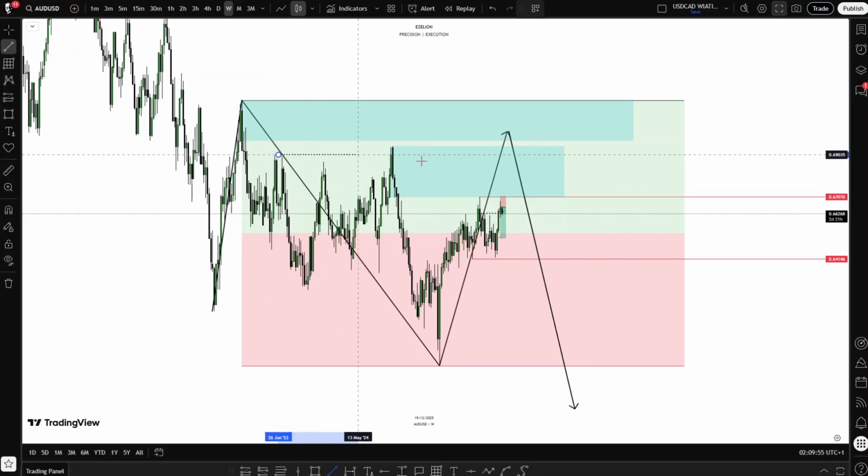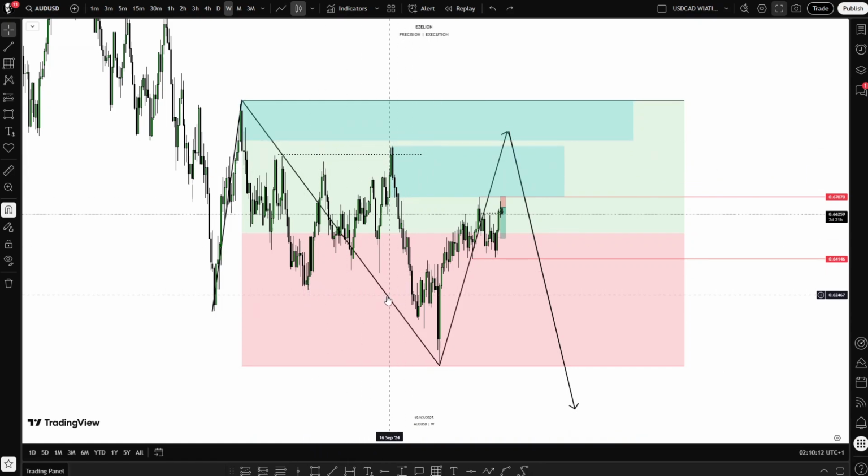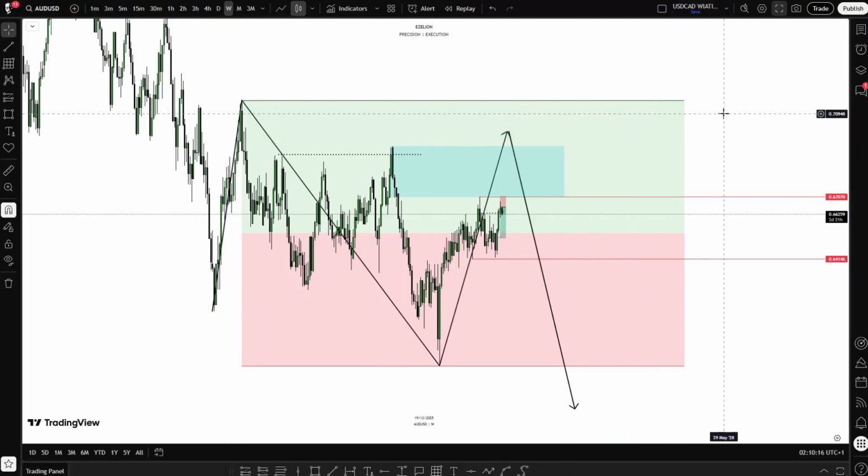So, characteristics of a high probability dealing range: you want to see a liquidity sweep. You want to see that it's sitting on a key level. If you have to take the second order block, you can see that it tapped a key level. Then it breaks structure. Yes, this actually broke structure at this point. So this is a characteristic of a high probability dealing range.